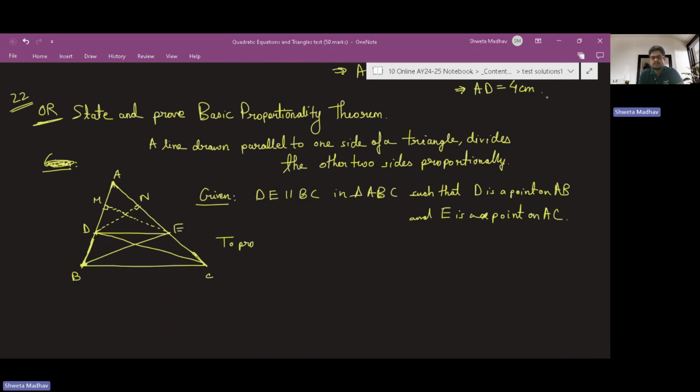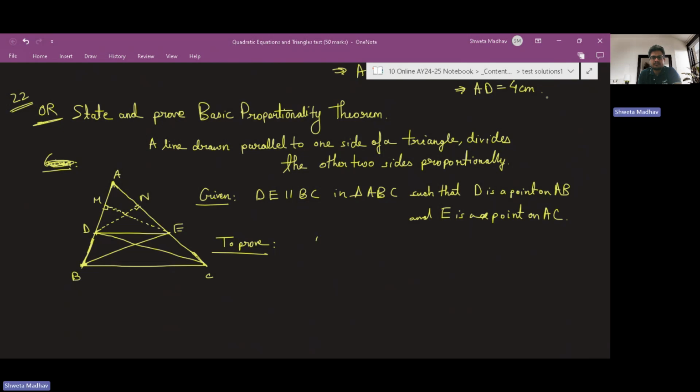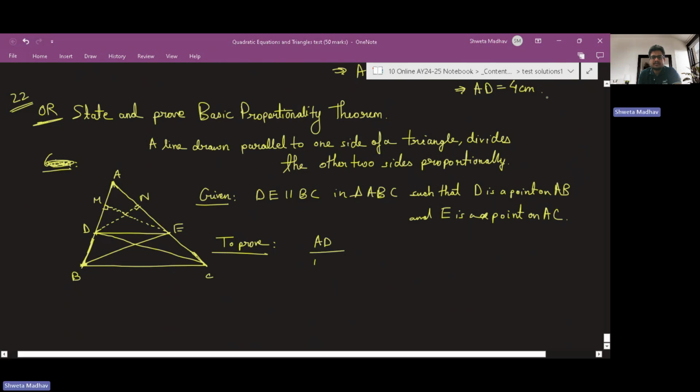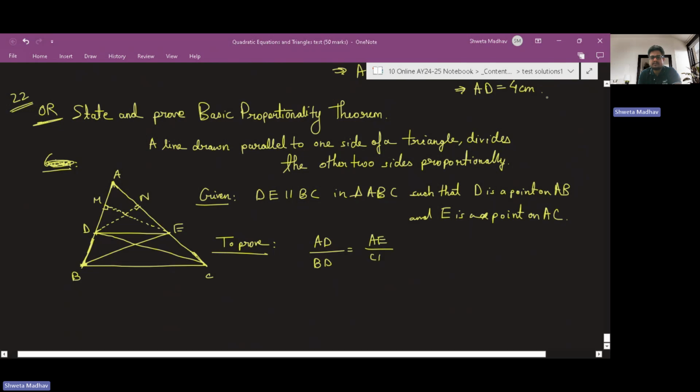We have to prove that AD by BD is equal to AE by CE. This we have to prove.